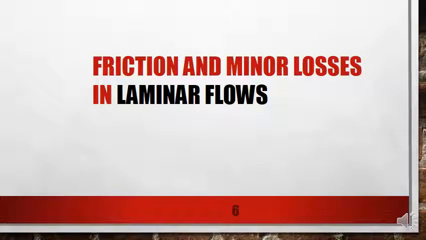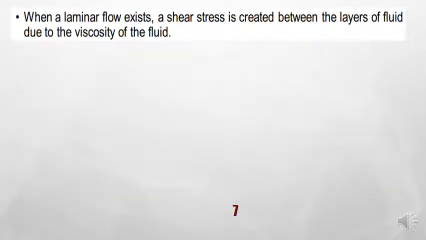Okay, let's proceed with the first type of flow. How can we calculate the friction and minor losses in laminar flows? When laminar flow exists, a shear stress is created between the layers of fluid due to the viscosity of the fluid.